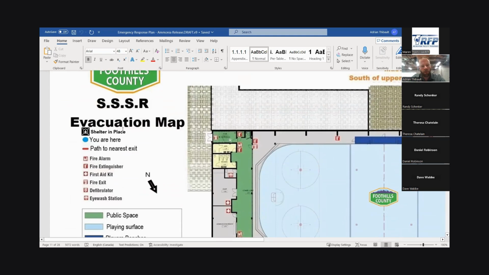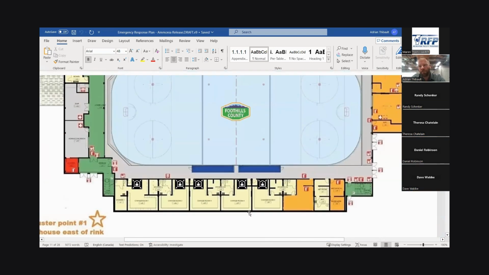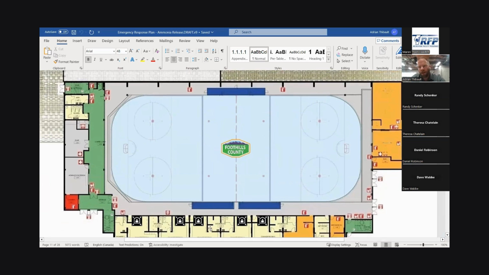We picked the dressing rooms just because they have one makeup air unit that's easy to shut off automatically through the system, and it's a gathering point for people. It also covers our bases for shelter in place for many other situations. It'd be crowded if we had a full building, but we could get everyone in there, shut the doors, still communicate, and we'd still be fine.